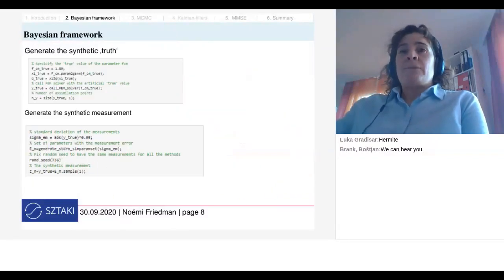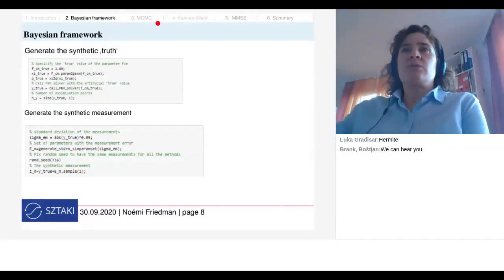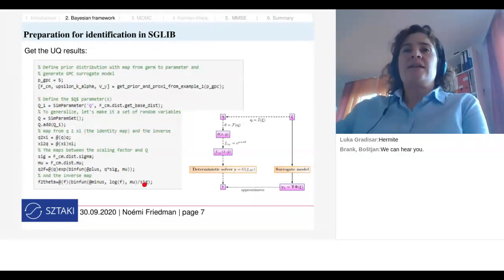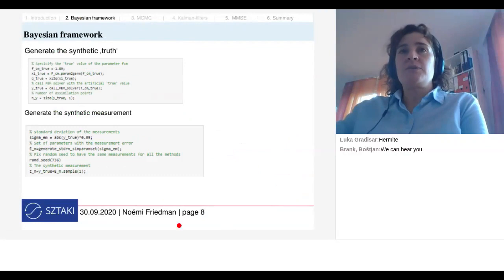And I will show you why I am doing that. But this is just to prepare all the different identification, no matter which one I am choosing. I will just need those computations that I did for uncertainty quantification in the previous slide, which is the surrogate model that I have and all these different maps.